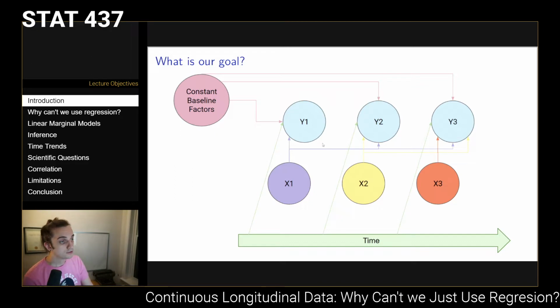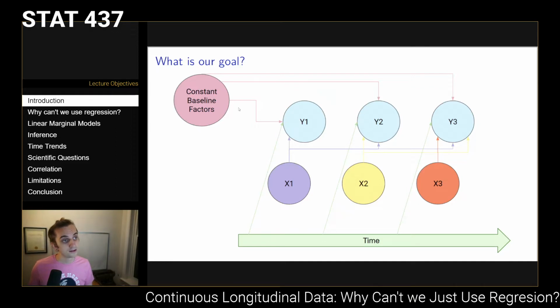For each of the outcomes, we also have a corresponding x, right? So x characterizes our explanatory factors. So we have x1, x2, and x3, and those would correspond to measurements of explanatory variables at time point 1, time point 2, time point 3.